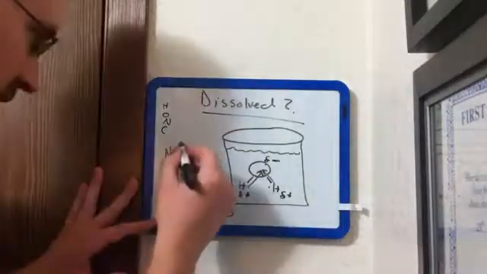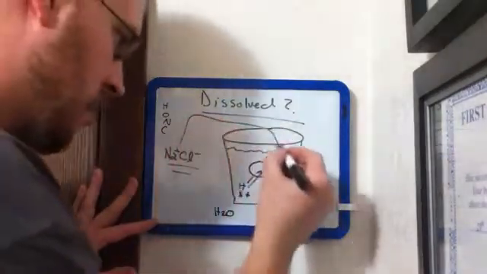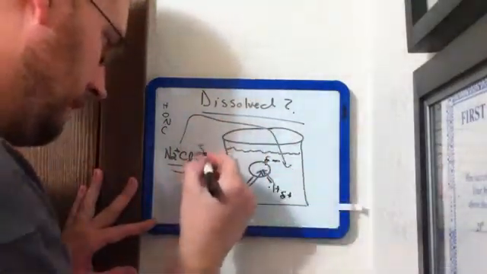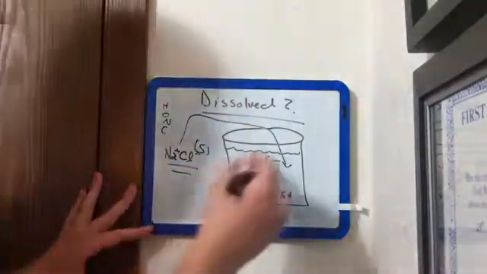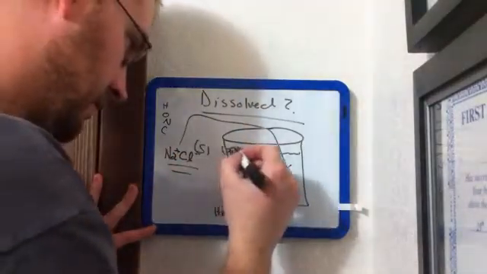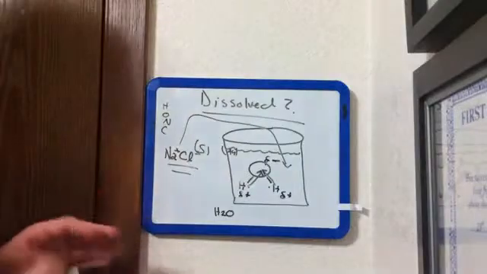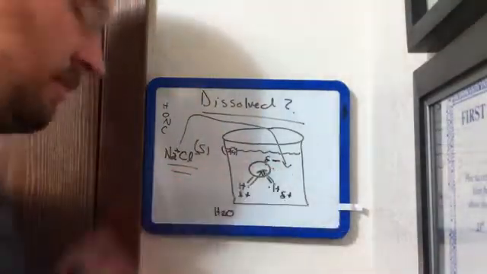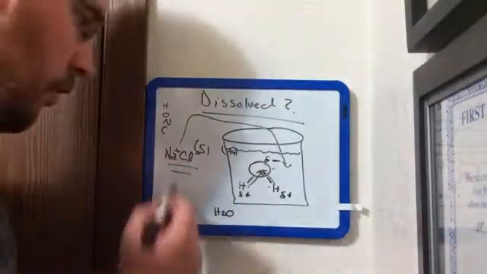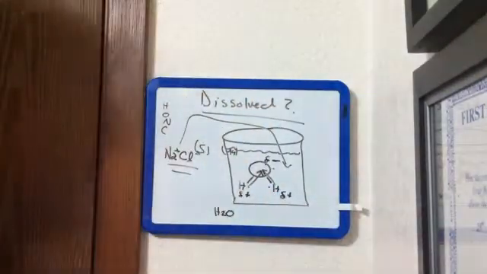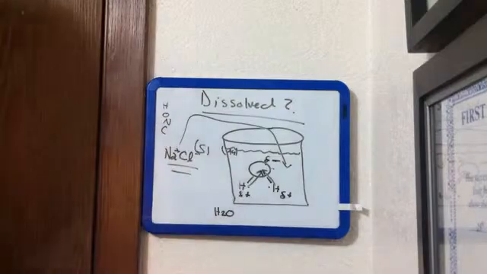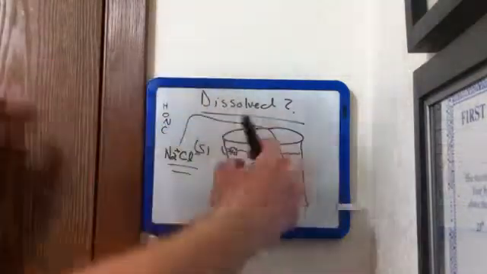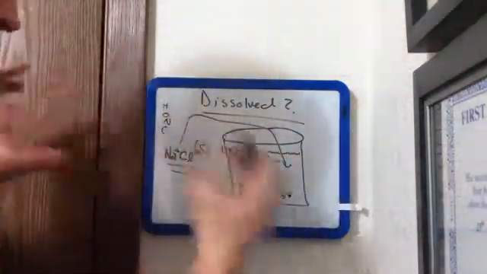Well, what happens if I take this salt, this solid, and put it into an aqueous solution, a water solution? What's going to happen? The sodium is going to be attracted to the oxygen. The chlorine is going to be attracted to the hydrogen. And we're actually going to pull this apart.